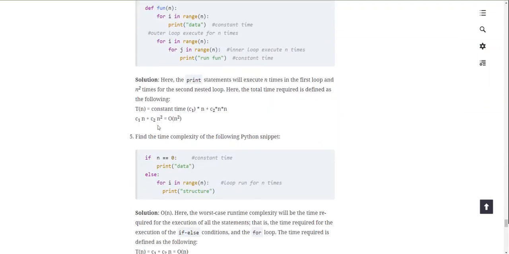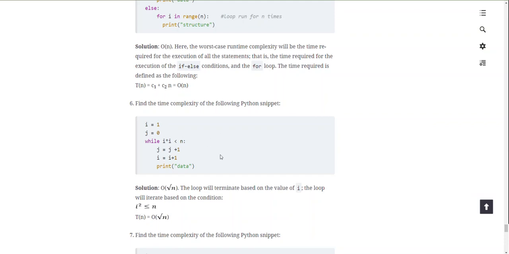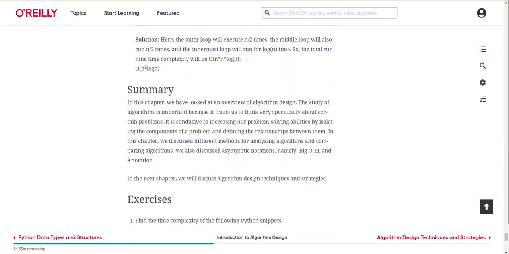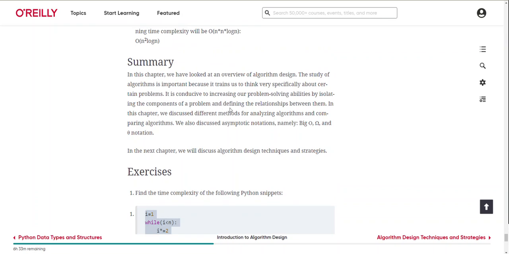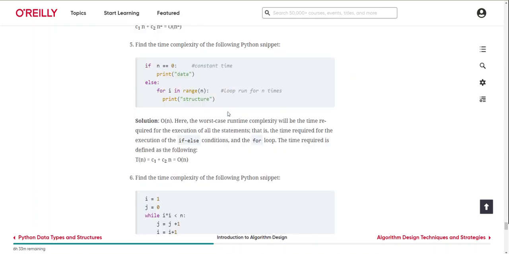In this lesson, I'm introducing you to algorithm analysis. You've got some time complexity exercises to go through and look at. Look at these little snippets of code. You're going to have a quiz where you're going to have to do some algorithm analysis and come up with the time complexity.